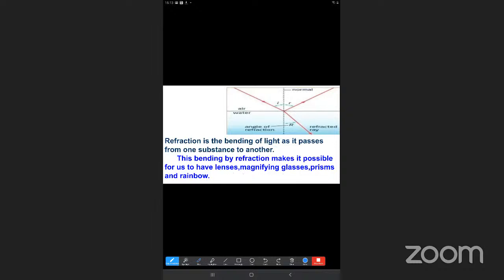You can see here, this is the interface between two mediums. This is an air medium and this is a water medium. When the light ray travels in one medium, it travels in a straight line path. When the interface separates the two mediums, at the point of interface, the light ray changes its direction. It will not travel in its original path. It changes its direction, and the speed of the light is also changed.